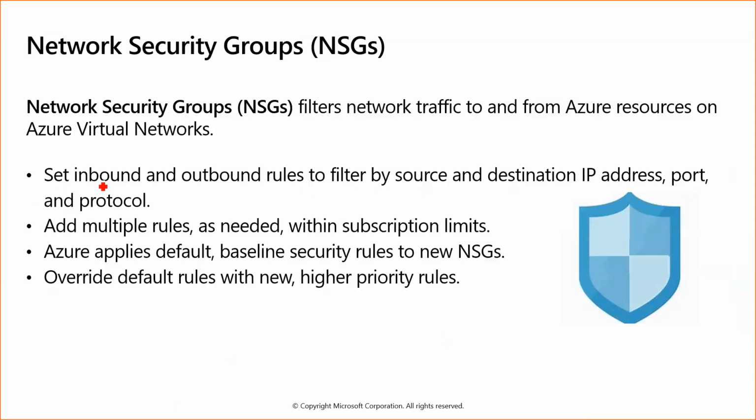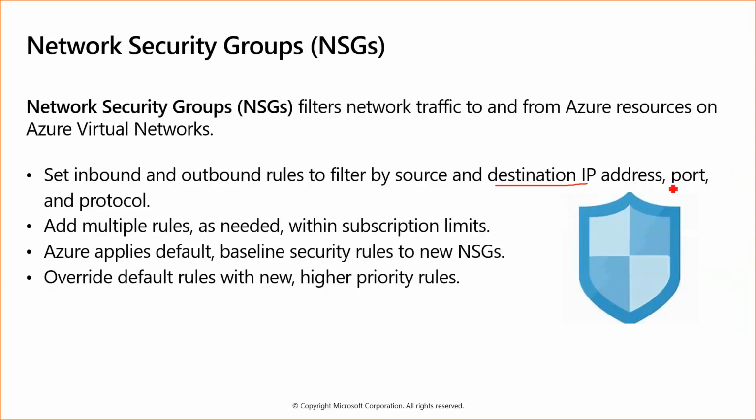Inbound means incoming request, and outbound means outgoing response. We can filter all those by using source and destination IP. Source means it is coming from XYZ IP address, or destination means it is going to XYZ IP address, so that we can filter out.